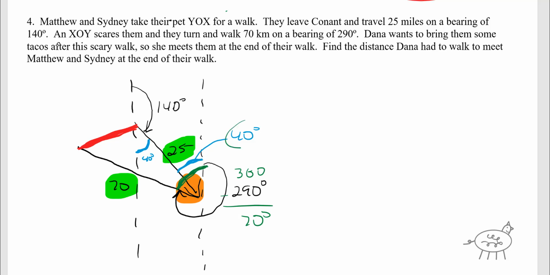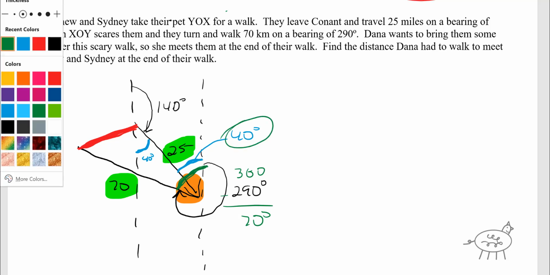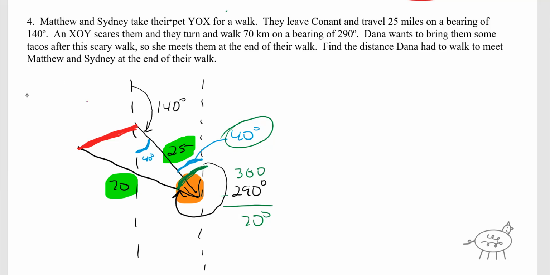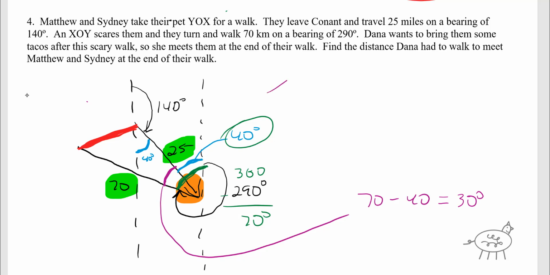And if that part is 40 degrees, then what I'm looking for, this part right here, that's going to be 70 minus 40, which is 30 degrees. Super important. So here's your picture now. So this is 70, this is 25, and this is 30 degrees.